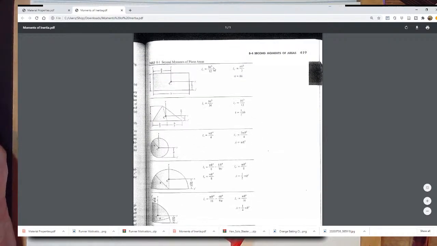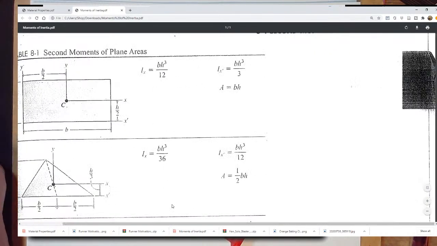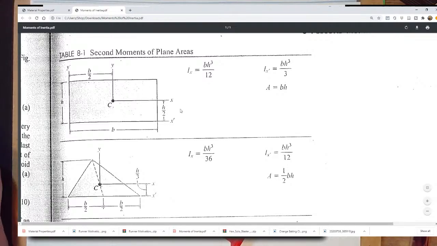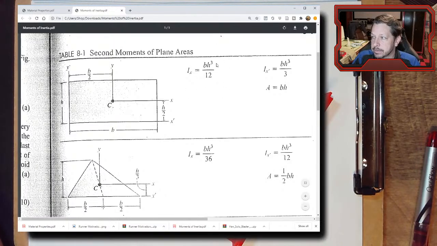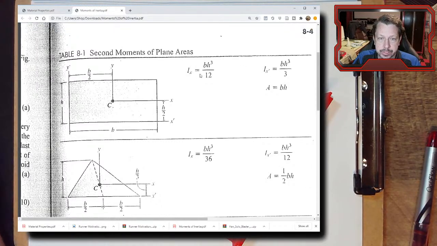Let's look at just the rectangle for a minute. Moments of inertia. There's actually two moments of inertia here. There's an Ix and an Ix prime. Those two different moments of inertia refer to two different axes. Here's the x-axis, and at the bottom of this rectangle is the x prime axis.